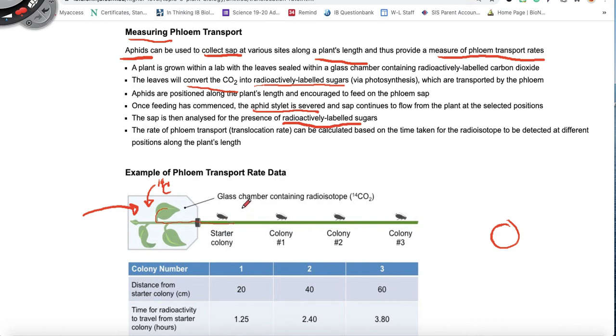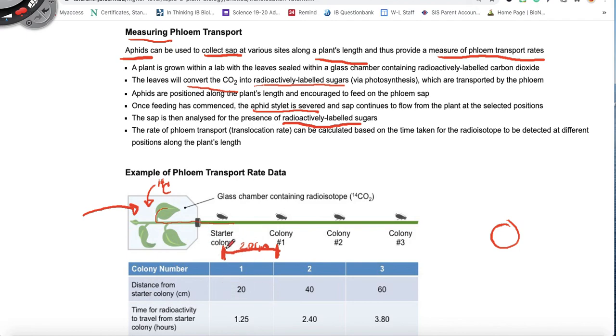For example, you label your starter colony and then you place your colony 1 20 centimeters from the starter colony. Then you measure the time that it takes for the sap to travel from the starter colony to colony 1, and that is going to be your rate.